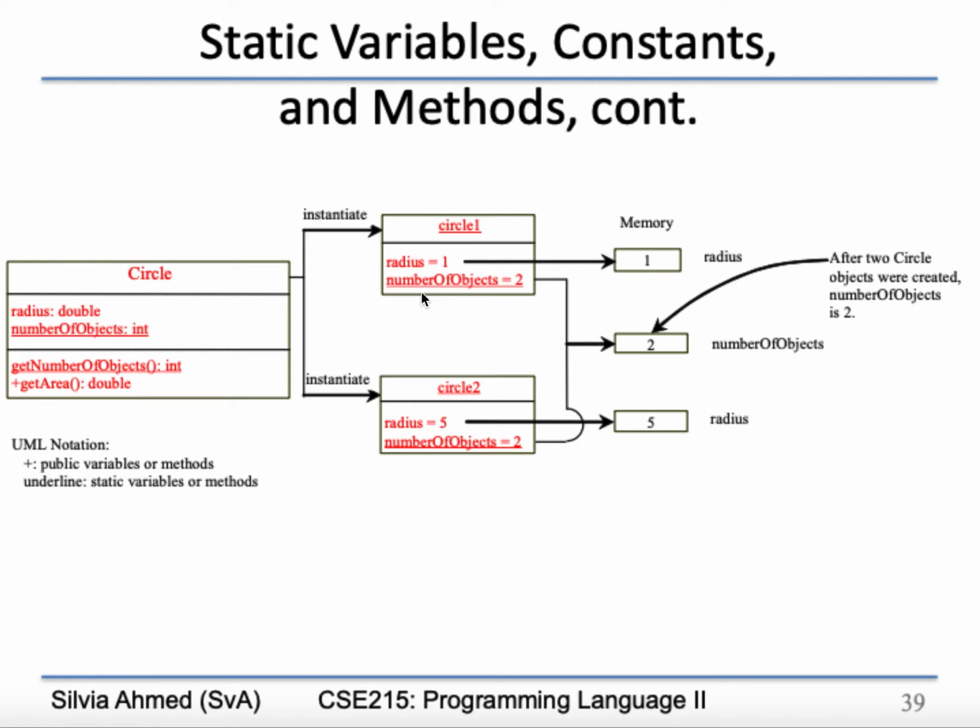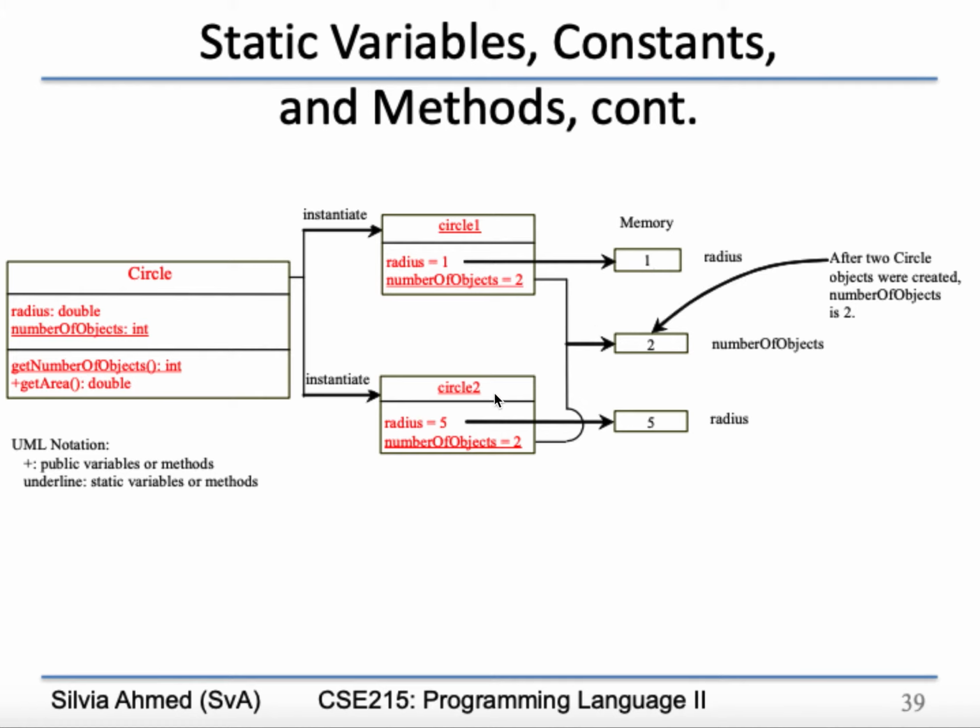When we create two objects from this circle class, one named circle1, another named circle2, we are creating two separate circle objects. For circle1, in the memory we will have a separate location to store this radius 1.